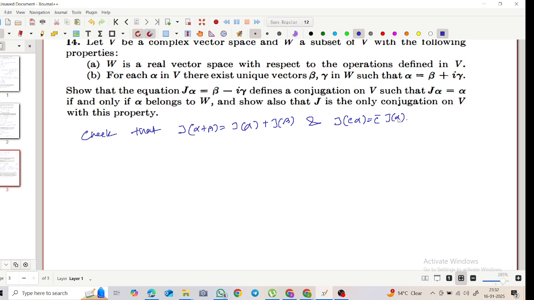So that for each alpha in V, there exists a unique vector beta and gamma. Okay.